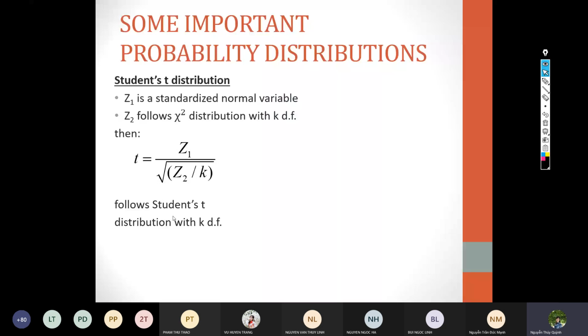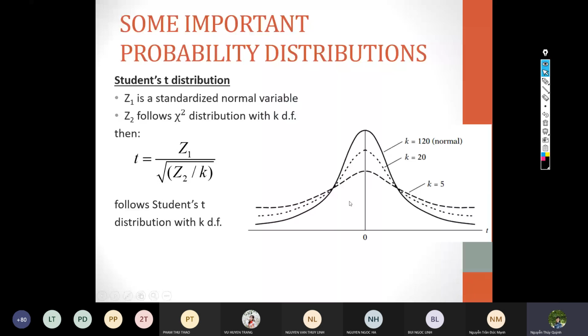This is the shape of the t distribution, and you can see that like the chi-square distribution, for different degrees of freedom, the t distribution will have different shapes. This is the case when the degrees of freedom is 5, this is the case when it is 20, and this is the case when it is 120.